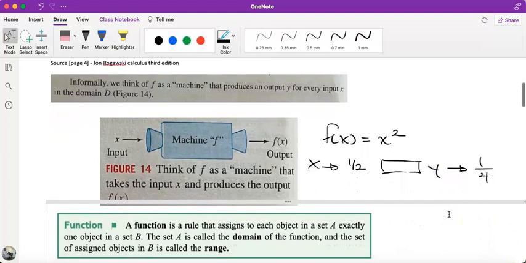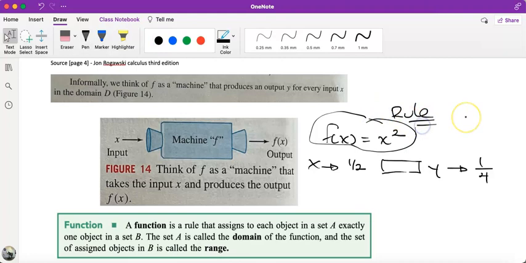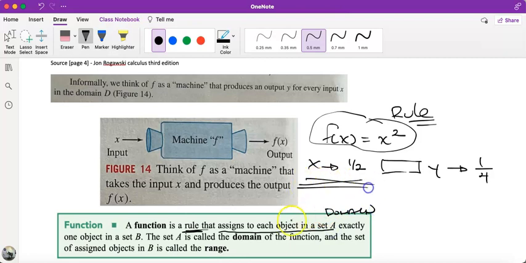And so the formal definition of this is you think of a function as a rule. This here, you consider your rule. This is how your outputs are defined. And so what this is going to say is that rule assigns to each object in set A, which is typically the domain, so this is coming from the domain, exactly one object in set B, which is the range.